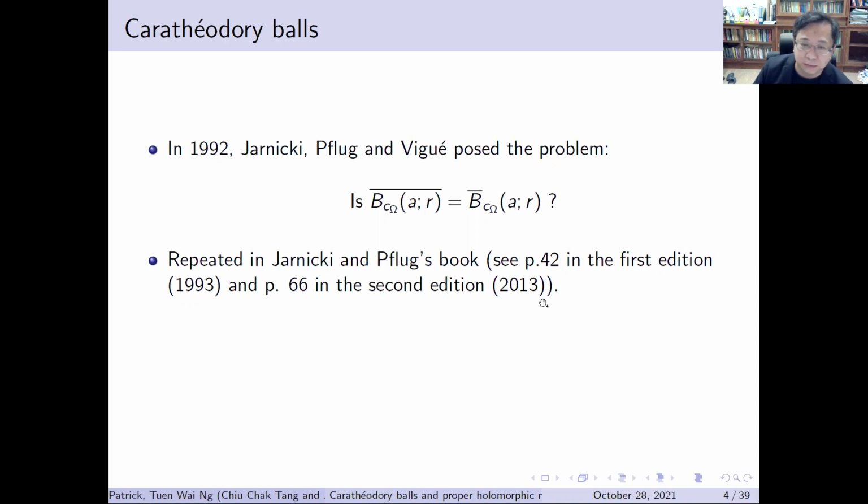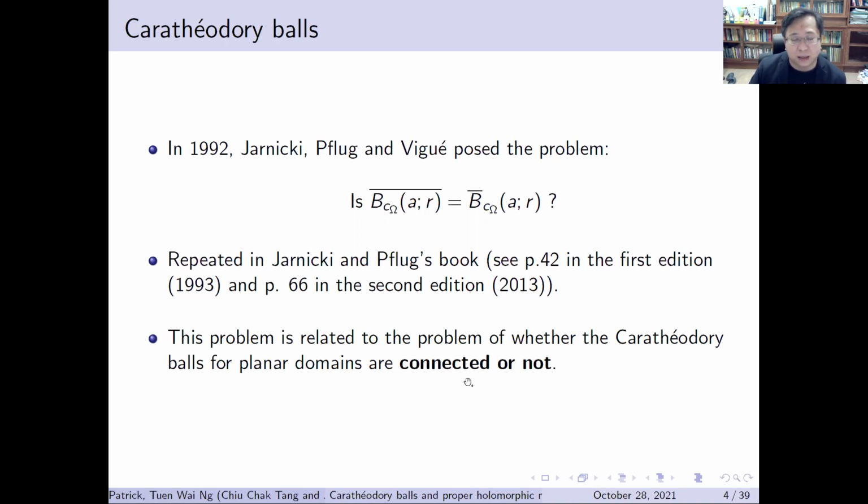So at least up to this point it is still open. This problem has something to do with whether the open ball is connected or not, and we will see the relationship between them later on.